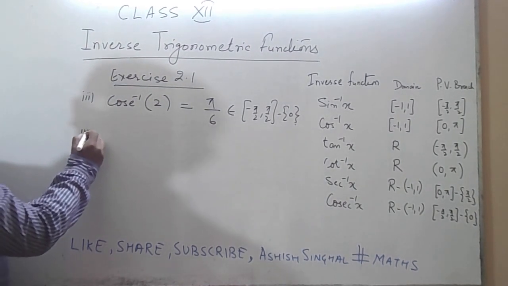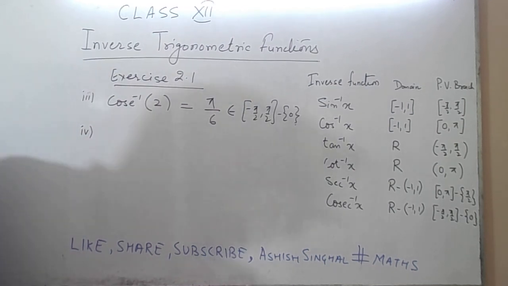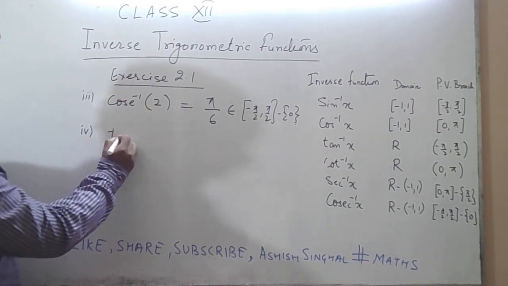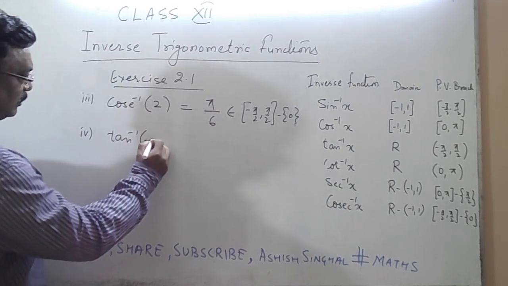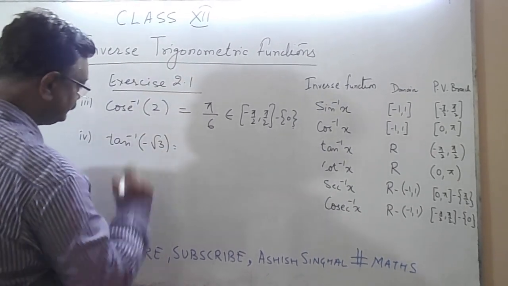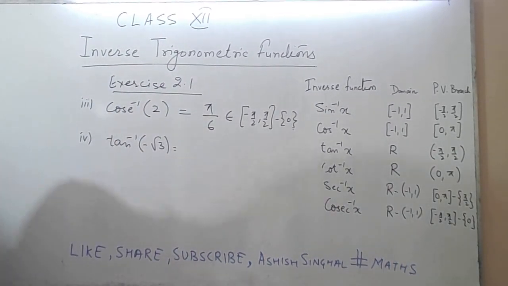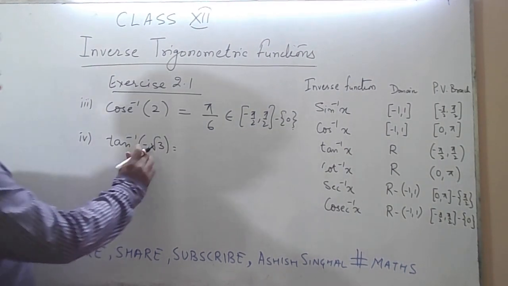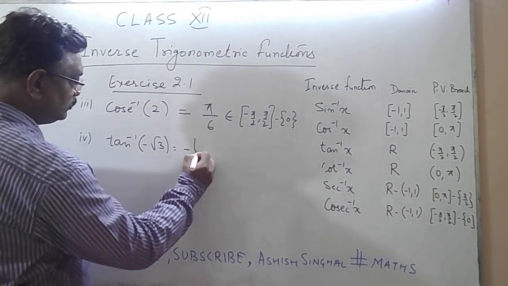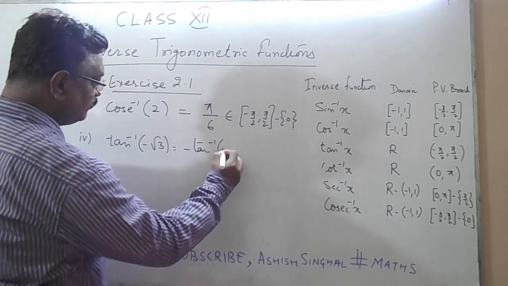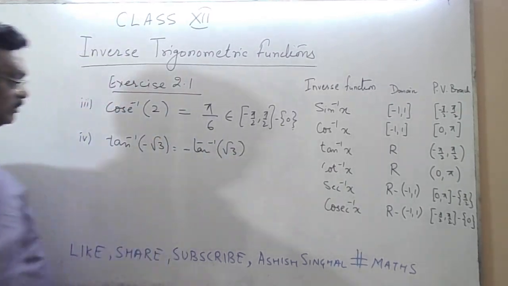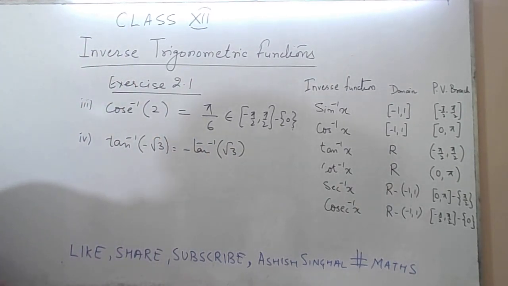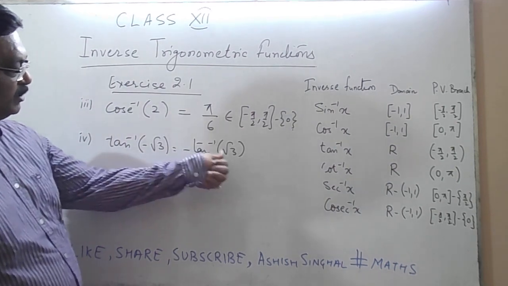The fourth one, tan inverse minus root 3. Now, tan inverse of minus x is equal to minus tan inverse of x. So the minus comes out and we have minus tan inverse root 3.